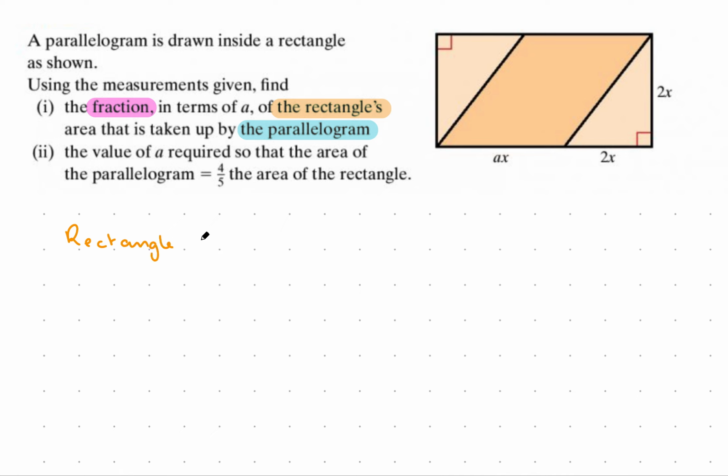So rectangle area, then, we know that the formula for the area of the rectangle is the length times the width. If I look at our rectangle here, my width is going to be ax plus 2x. It's both of those together. So ax plus 2x is what we're putting in for our length then. And for our width then, we're going to use 2x.